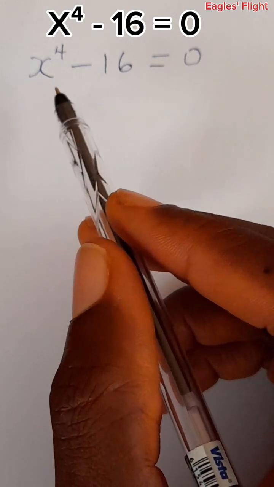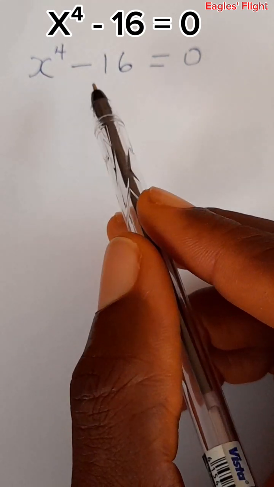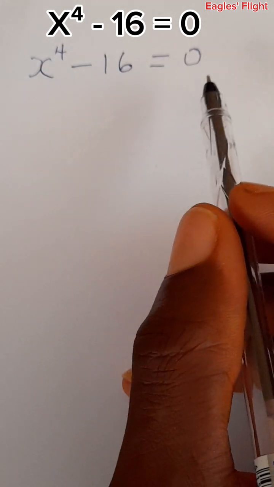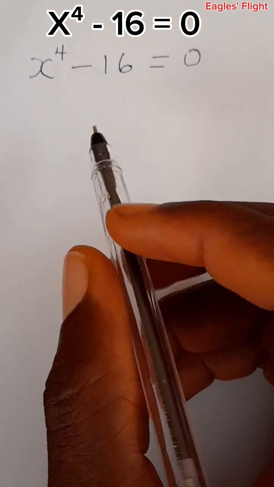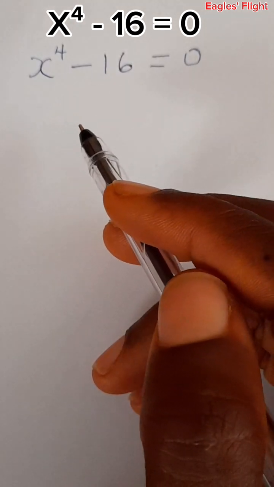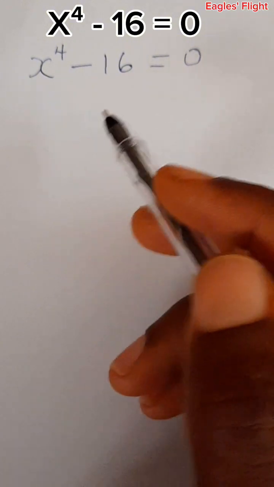Now, this is x raised to the power of 4 minus 16 equals 0. What do you do? When you look at this closely, we can make use of our understanding of the difference of two squares.